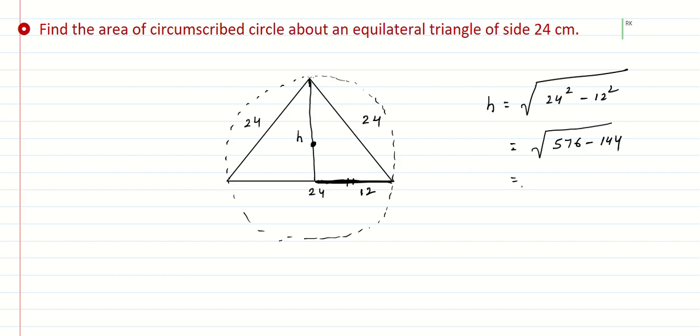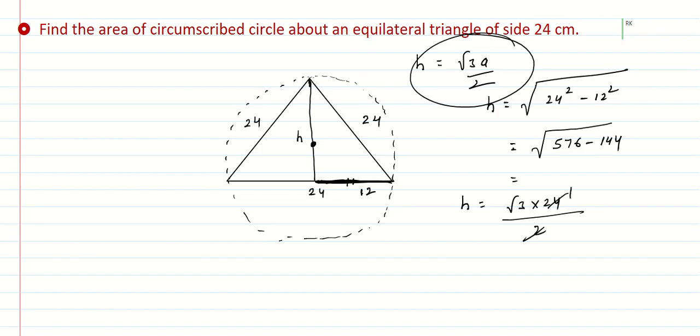Or remember, we know the formula also. Remember? Root 3a by 2. I can use it directly now. Root 3 into 24 divided by 2, which means 12 root 3.